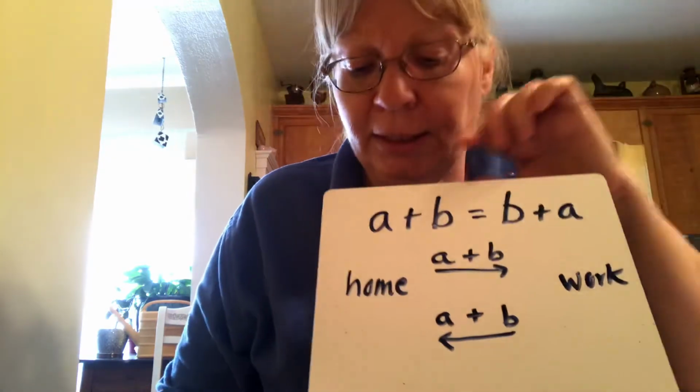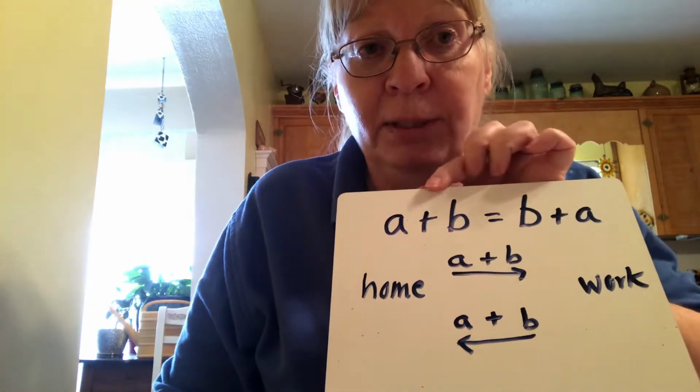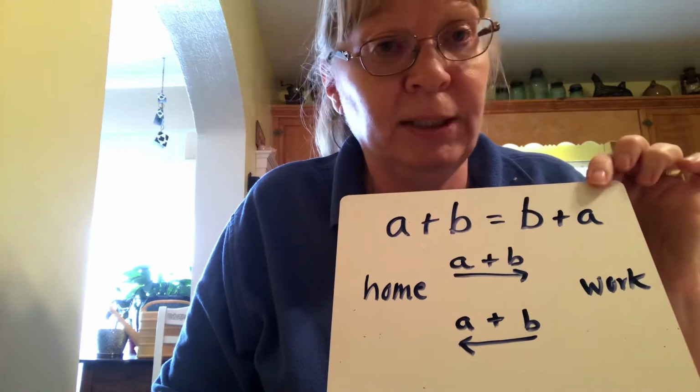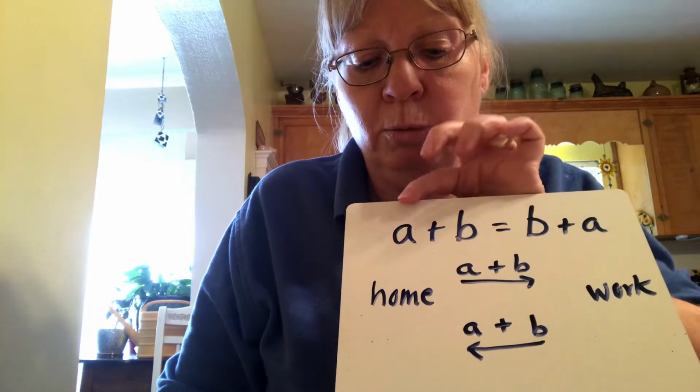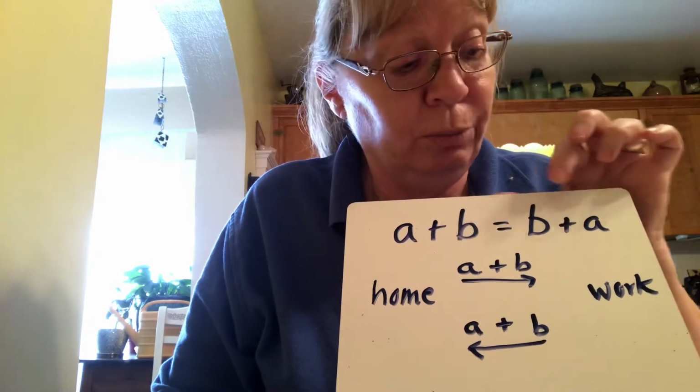We're going to talk about the commutative, associative, and distributive properties. The first one, commutative, that word just makes me think about commuting to work. Basically, the commutative property says A plus B is the same as B plus A. Or I could say 1 plus 2 is the same as 2 plus 1.